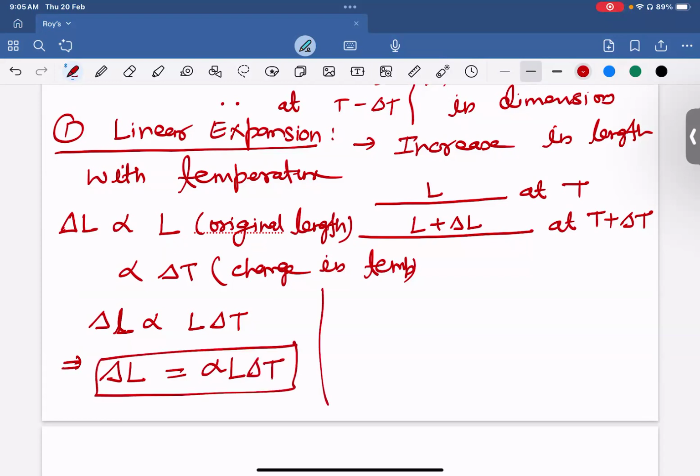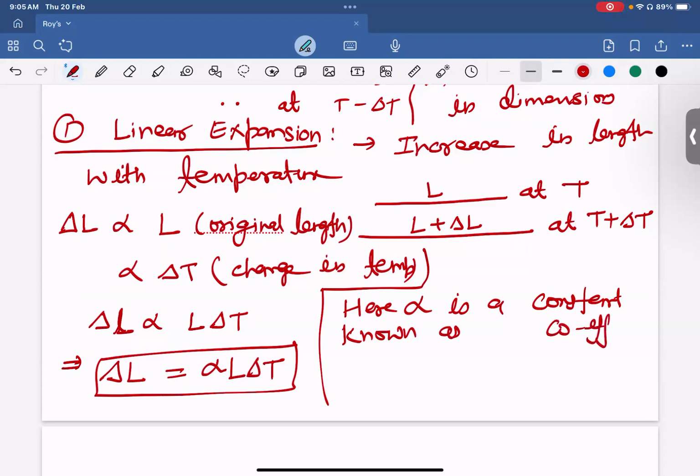So here we can say that alpha that we have used is a constant, and that is known as coefficient of linear expansion.